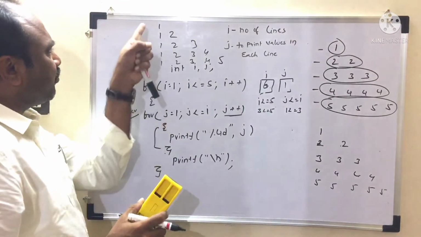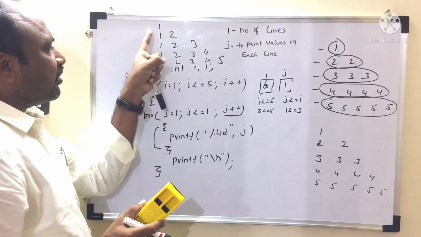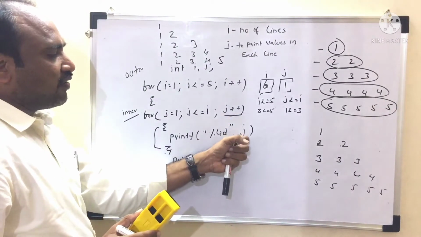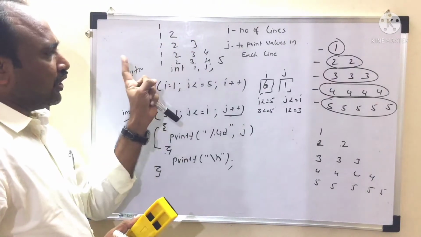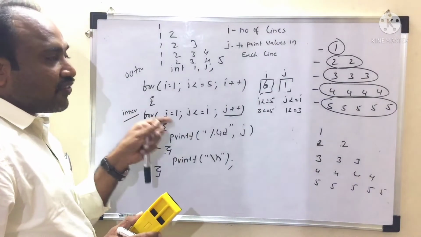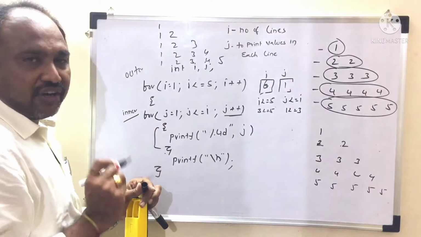Because with the same logic, from the first line to the 5th line, the i for loop runs. To print 1, 1 2, 1 2 3, instead of printing i, if I write j, I will get 1, 1 2, 1 2 3, 1 2 3 4, 1 2 3 4 5. Okay, this is the first aspect where we are going to use the nested for loop.